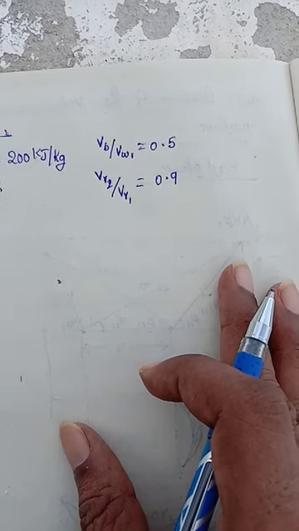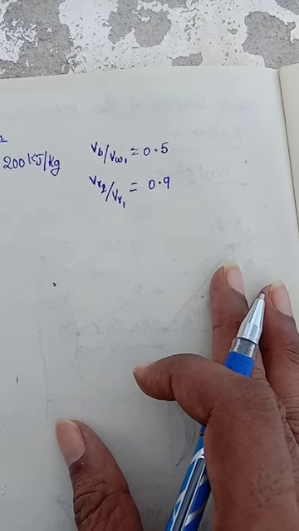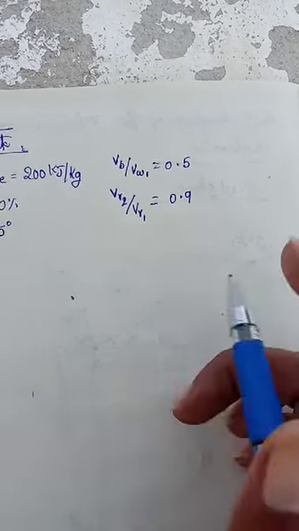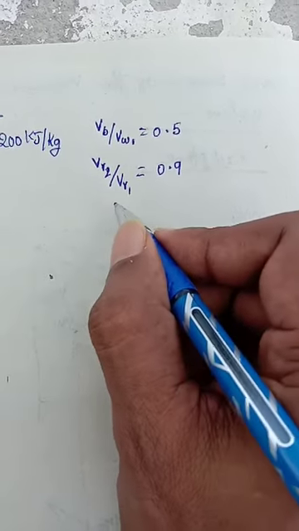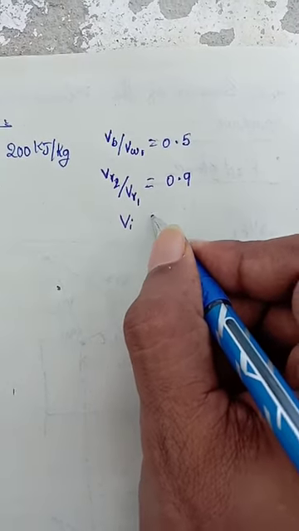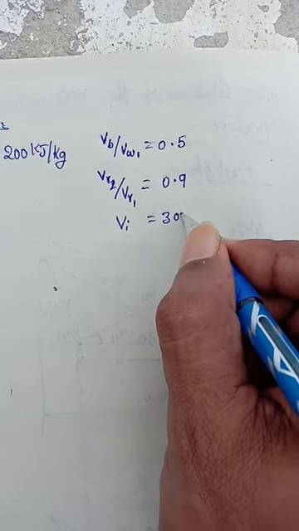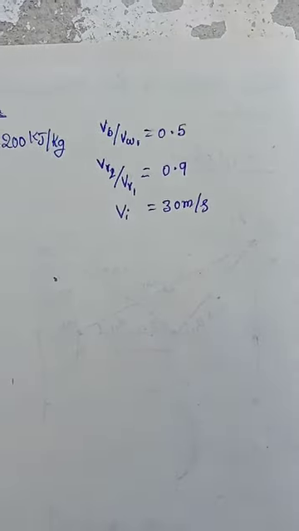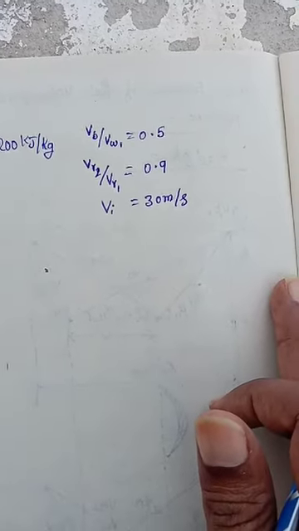And then the velocity of steam entering the nozzle is 30 meters per second, so I put here V1, the entering steam velocity, 30 meters per second.